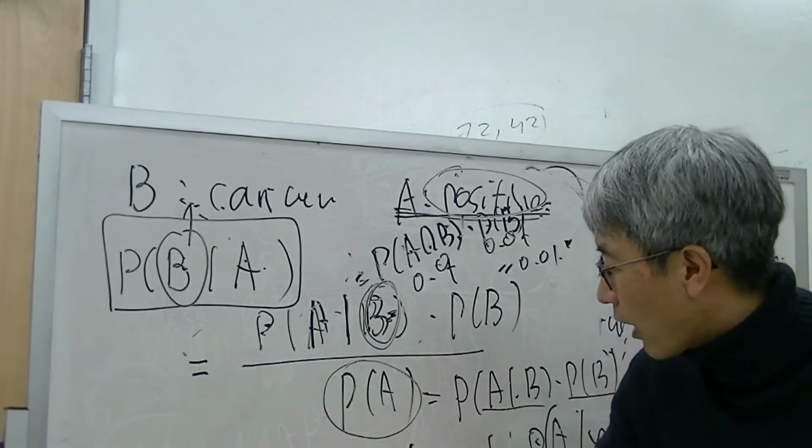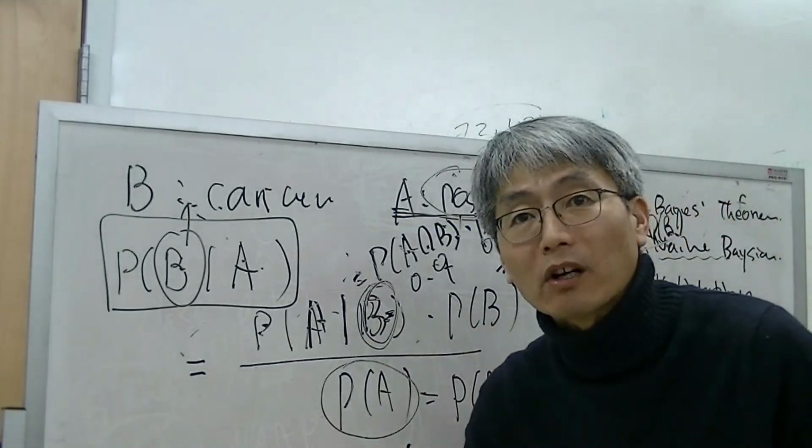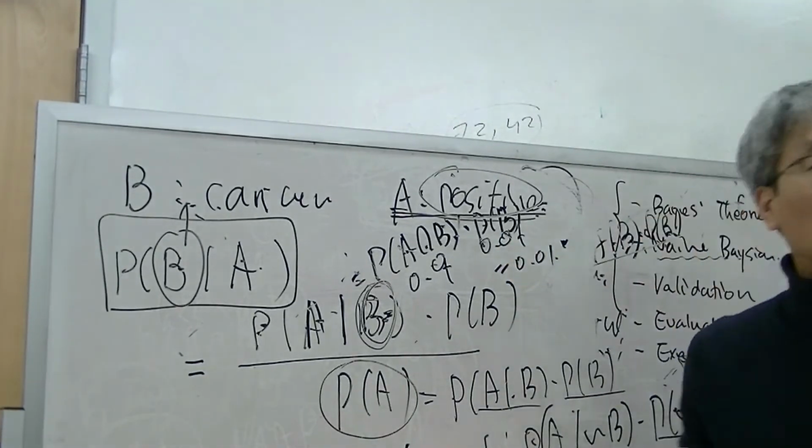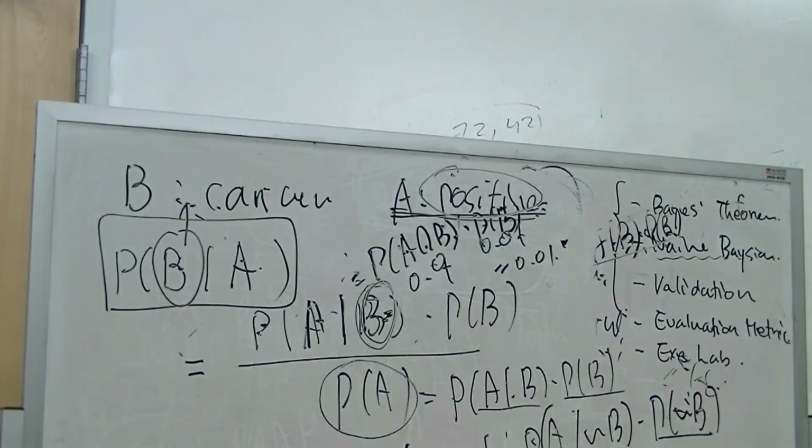Actually, A given B1, B2, B3, they are independent probabilities, which means we can multiply. Then we can have the multiplication, then P of X given C. That is naive. Naive means what? Simple. Simple to deal with.